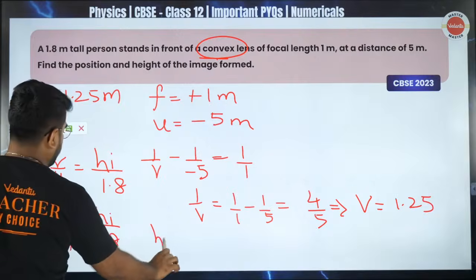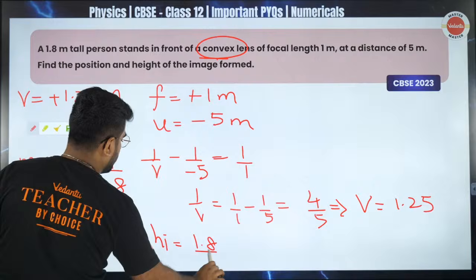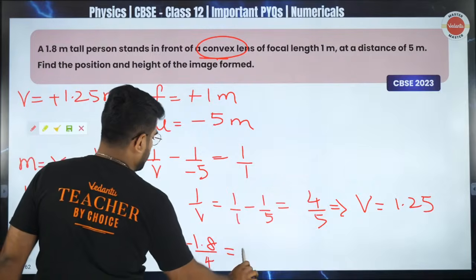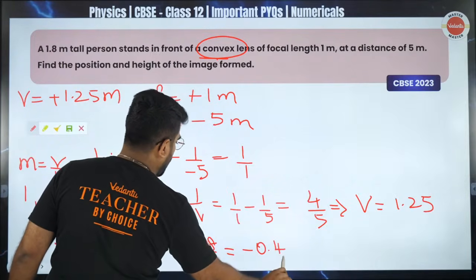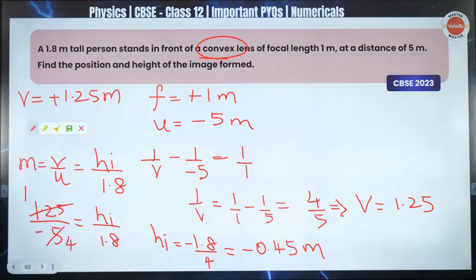So height of image will be 1.8 by 4 with a minus sign, so it is minus 0.45 meters. So height of image is 45 centimeter. It will be inverted.